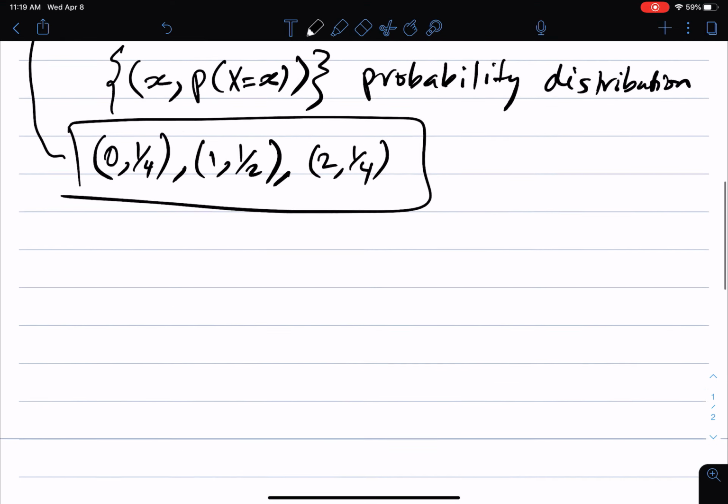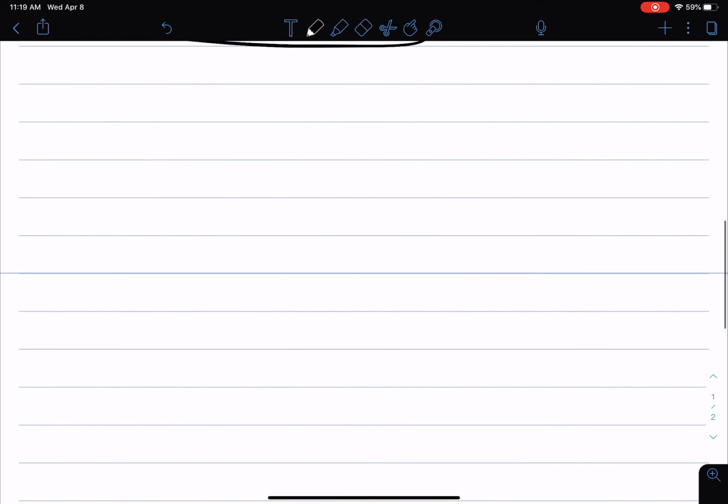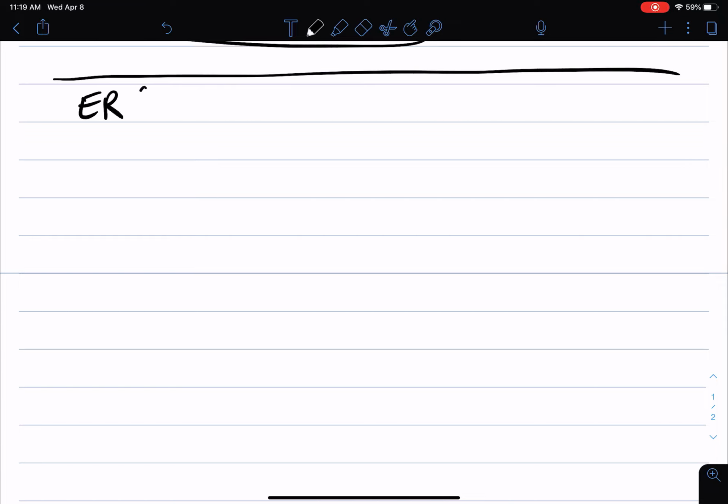Let's look again back at the example of generating random graphs under the Erdős-Rényi model. N is the number of nodes, P is the probability of adding an edge. Remember the way the experiment worked: we look at every two nodes and toss a biased coin. With probability P we add an edge, and with probability 1 minus P we don't add an edge.